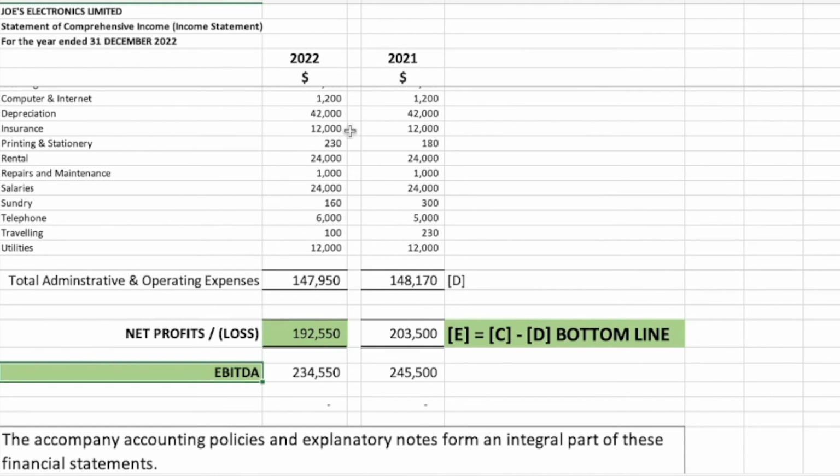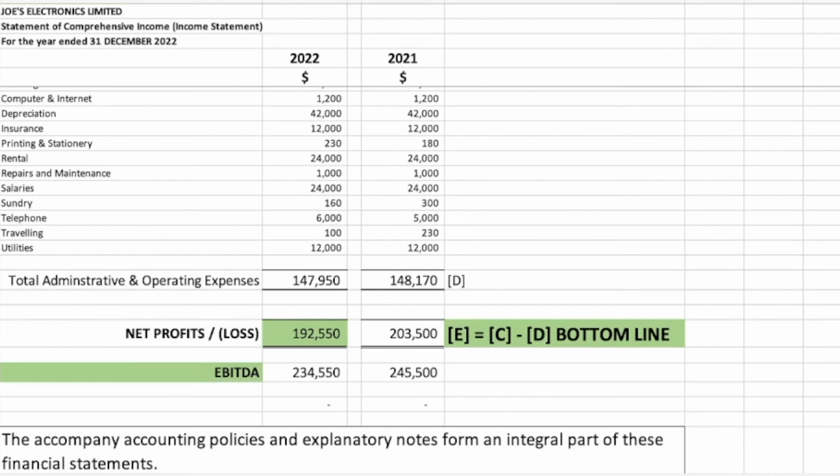amount. Now you'll see that some income statements will show EBITDA, which basically means earnings before interest, taxes, depreciation, and amortization. These accounts are not the operational costs that affect the company's core profitability.